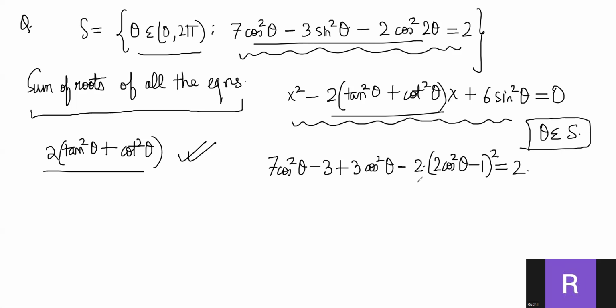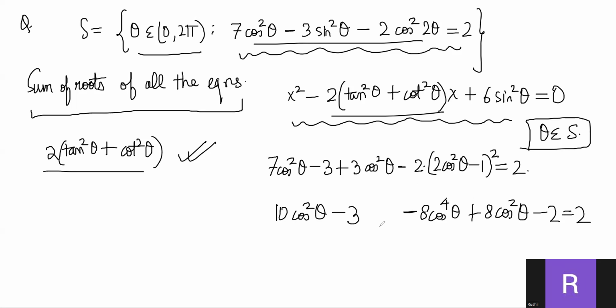You are getting minus 8 cos power 4 theta minus 4 cos square from here and becomes plus 8 cos square theta plus 1 minus 2, and here you have 10 cos square theta minus 3.